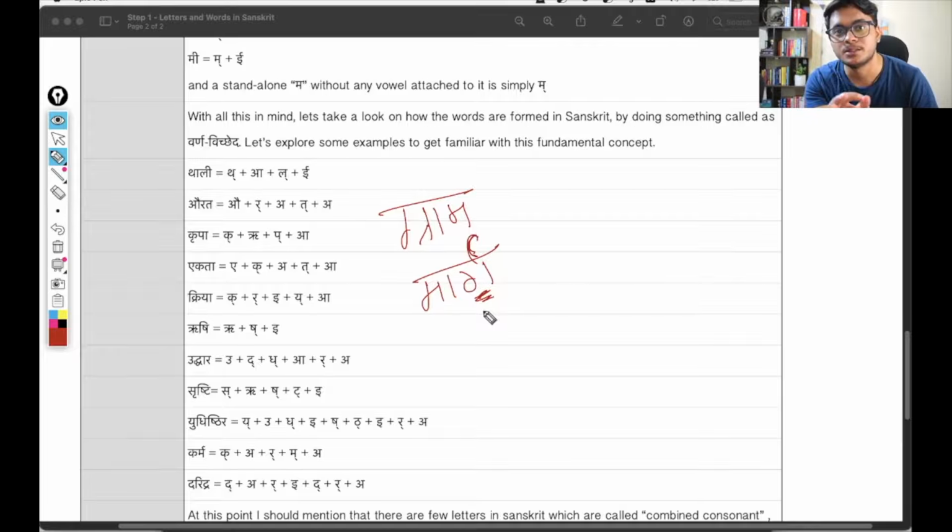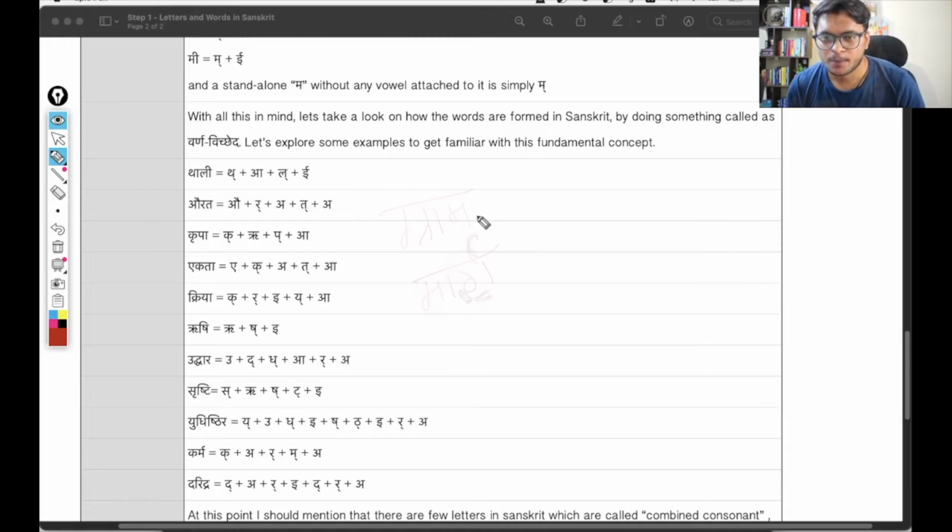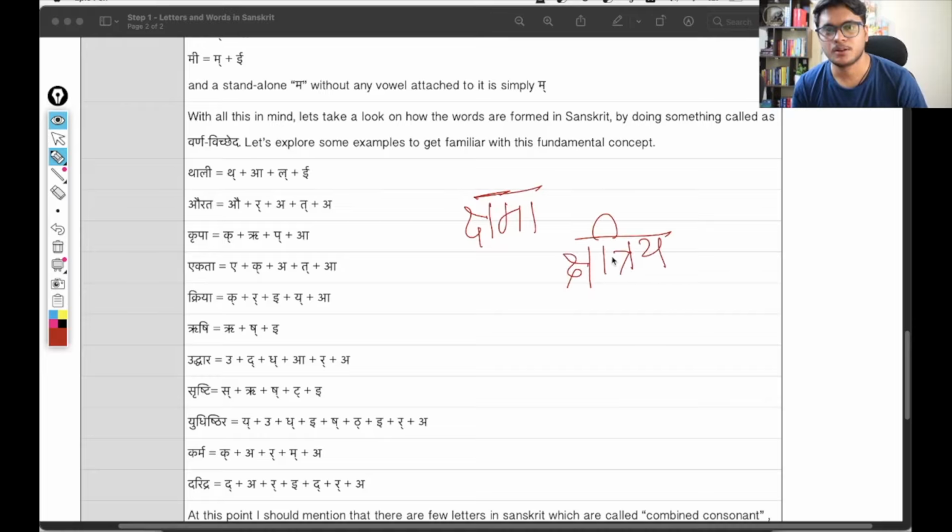So marg. This is the reason why you should be aware of how these words split into their individual letters. You might be aware of this word, this letter. Okay, because when we write this word, we use this, or you might be aware of this word, right?